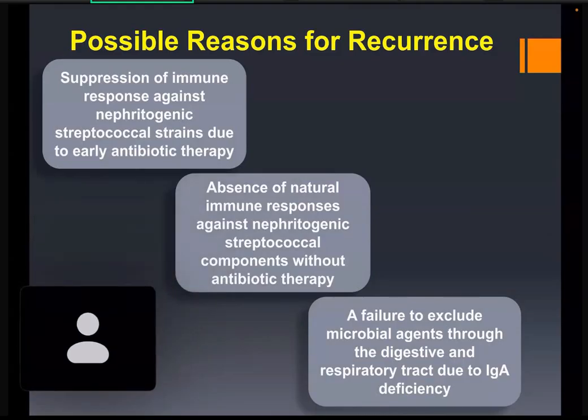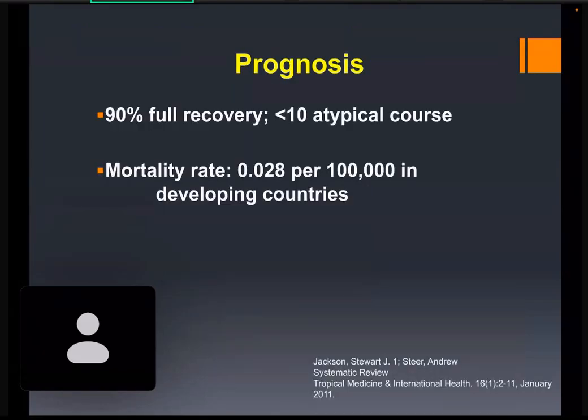So this is already a host problem, or the failure to exclude the microbial agent through the digestive and respiratory tract due to an IgA deficiency. So meaning it is also a problem of the host that it fails to clear the toxins in the body. Okay. So what is the prognosis?